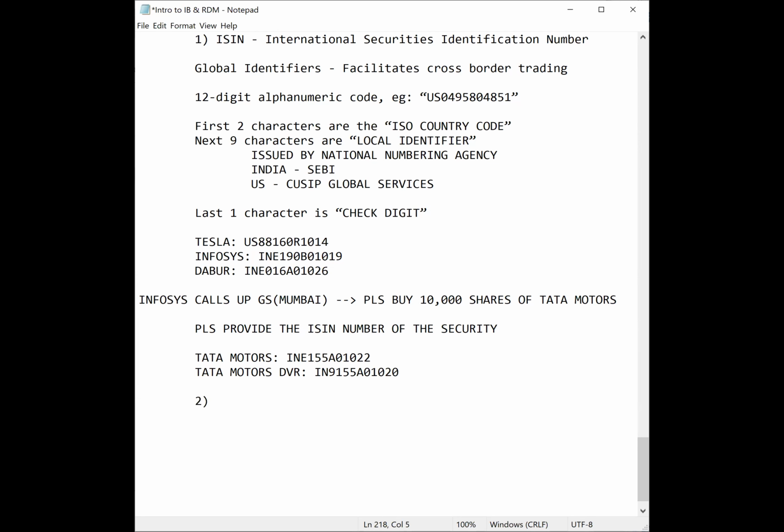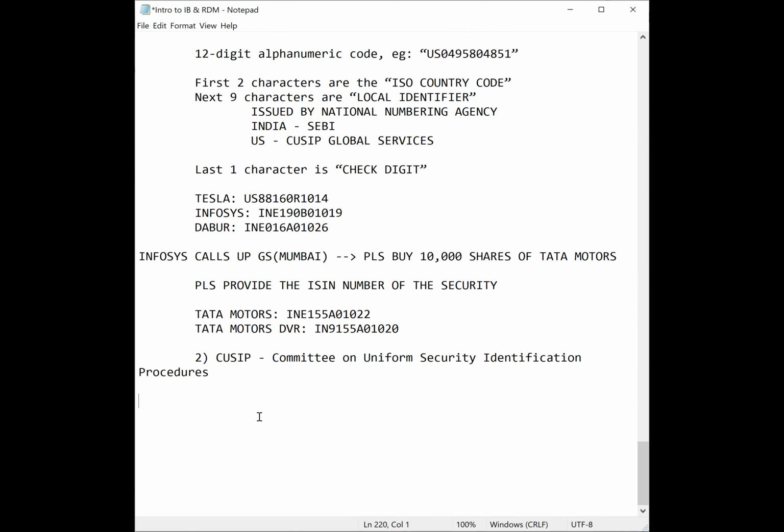Next is the CUSIP number. If you can remember full forms, that would be good. It is a local identifier used in US and Canada.